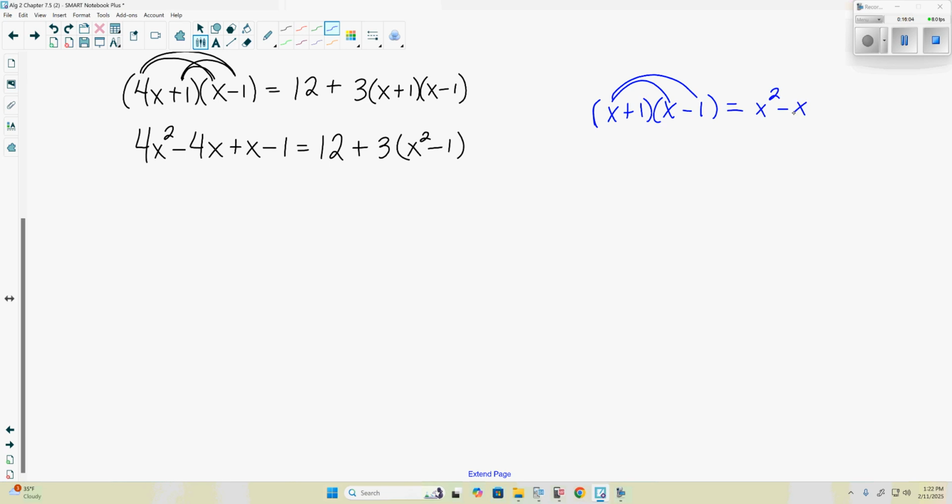X times negative 1 would be negative x. 1 times x is plus x, and 1 times negative 1 is negative 1. Negative x plus x is indeed 0, telling us that is indeed x squared minus 1. So if we notice that, we can just replace x plus 1 times x minus 1 with the x squared minus 1. Although if we didn't and we multiplied it out, we would still get to the same place. Doing it this way, we get there with one less step.